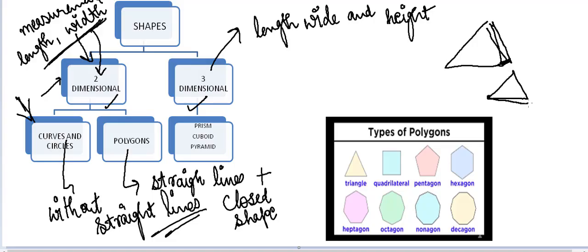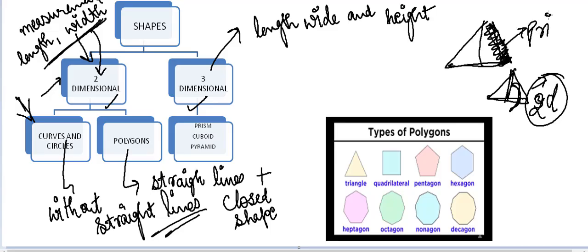We have base and we have height. Only two parameters are there. So this is a two-dimensional structure. And for prism, we have one more parameter, that is the width. That is, it has base, it has height, as well as it has a width. So this is a prism.